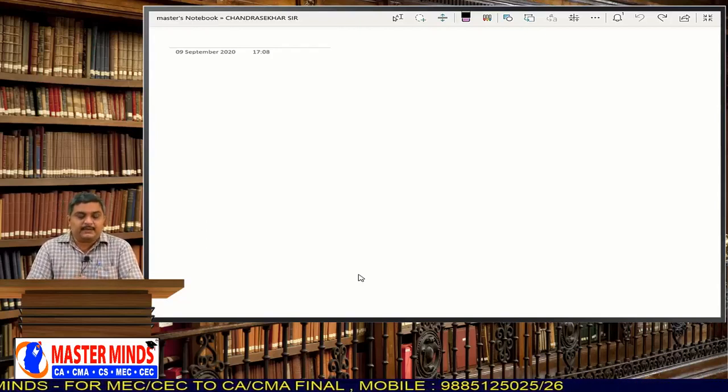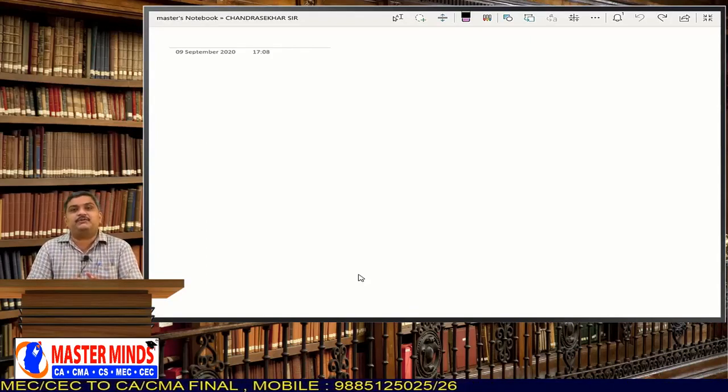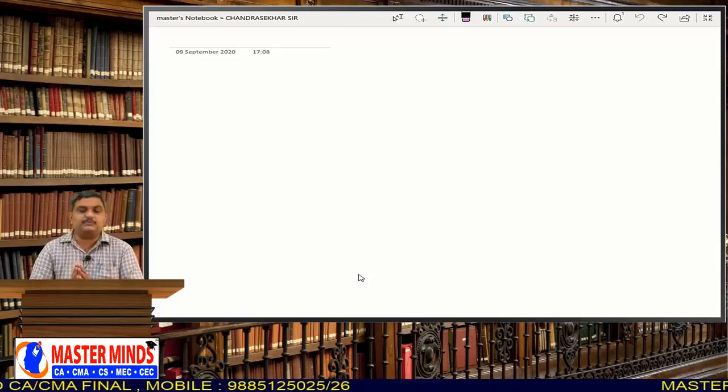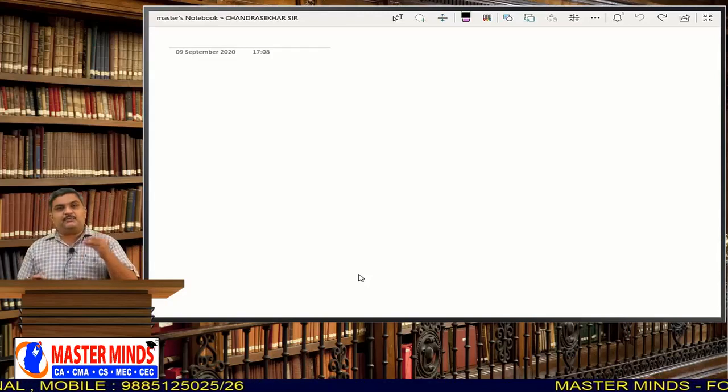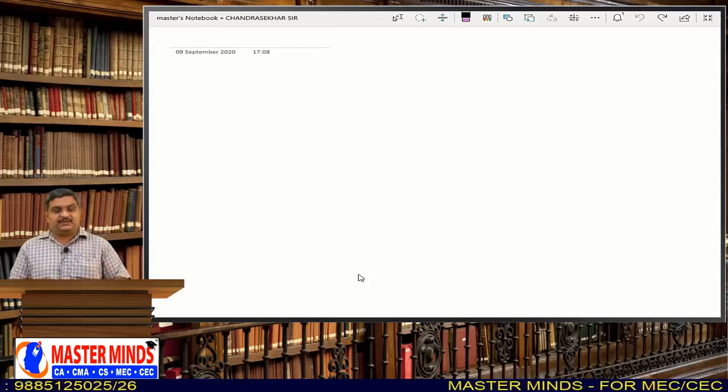So, why should a chartered accountant have knowledge of EIS, Enterprise Information System? That is the most important thing we need to understand, and that is the appropriate point where we have to start the subject.